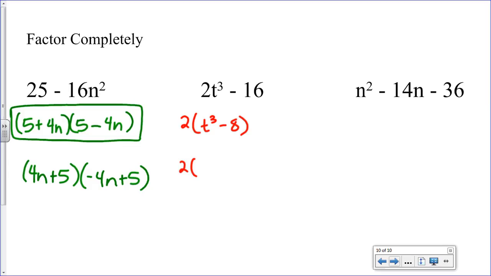Okay, it's a difference, so a minus b, so t minus 2, and then t squared plus 2t plus 4. A is t, b is 2.